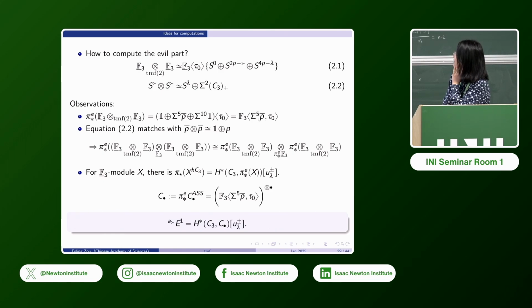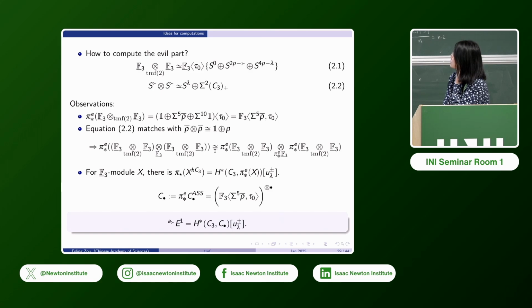So we can write it this way. And this expression on homotopy groups matches with this expression very well, because if you tensor the reduced regular together, you get 1 plus rho, which is precisely what this is if you translate to their underlying homotopy groups. So it happens that if you take the underlying homotopy group, you do get this isomorphism.